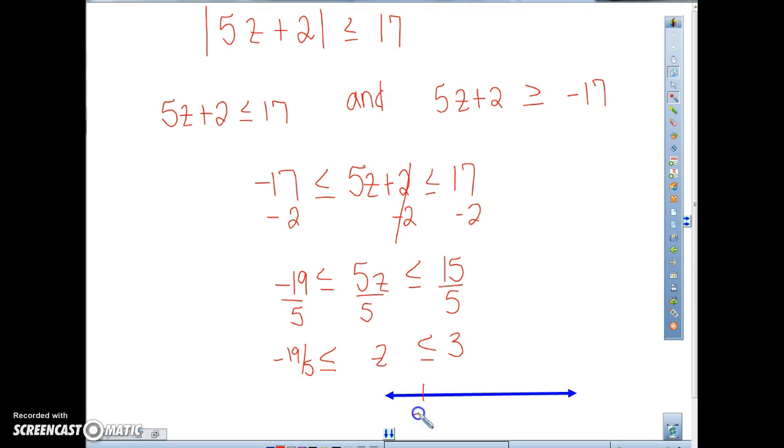We'll put that down here in the negative area. Then we have our positive 3. Both have closed circles. And this problem says that z is less than or equal to 3, but greater than or equal to negative 19 over 5, or negative 19 over 5 is less than or equal to z.